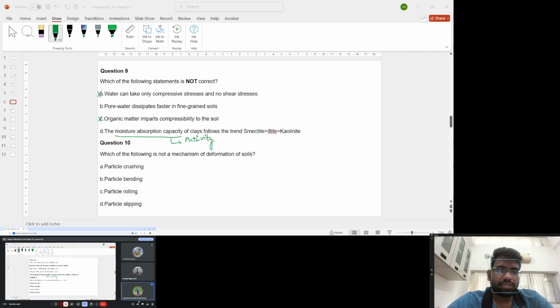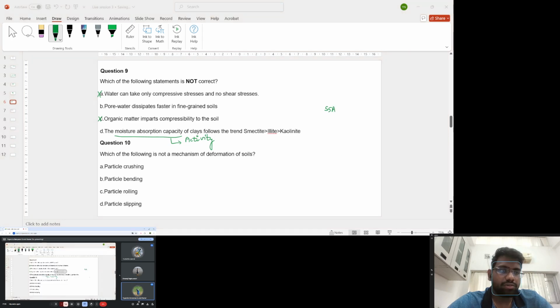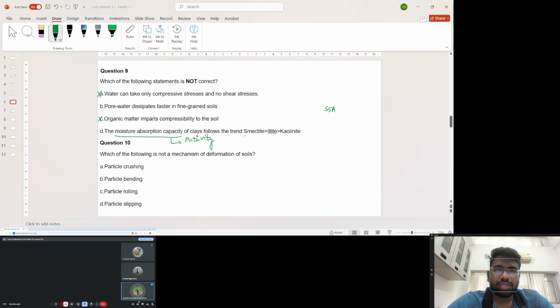It is specific surface area, right? Understood? We have seen this in the initial questions. So specific surface area is the governing parameter. Here smectite is similar to montmorillonite. It has a specific surface area of about 800 square meters per gram, and illite has around 100 to 120, roughly.